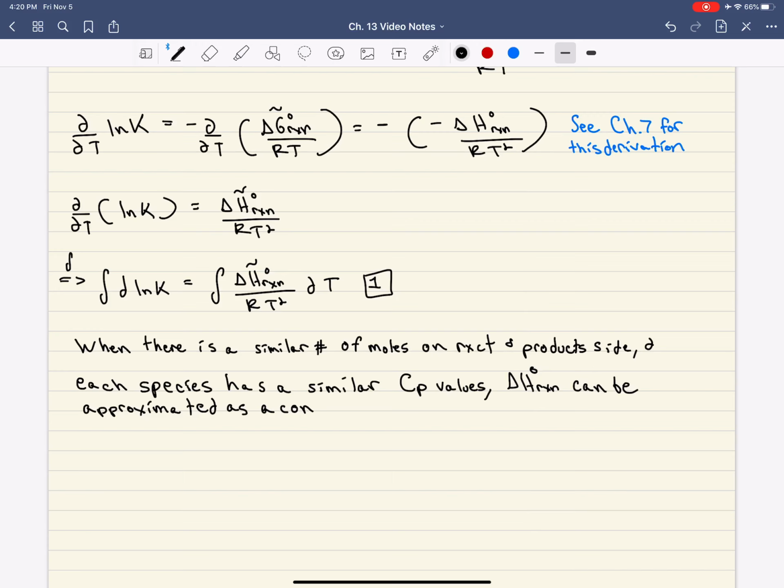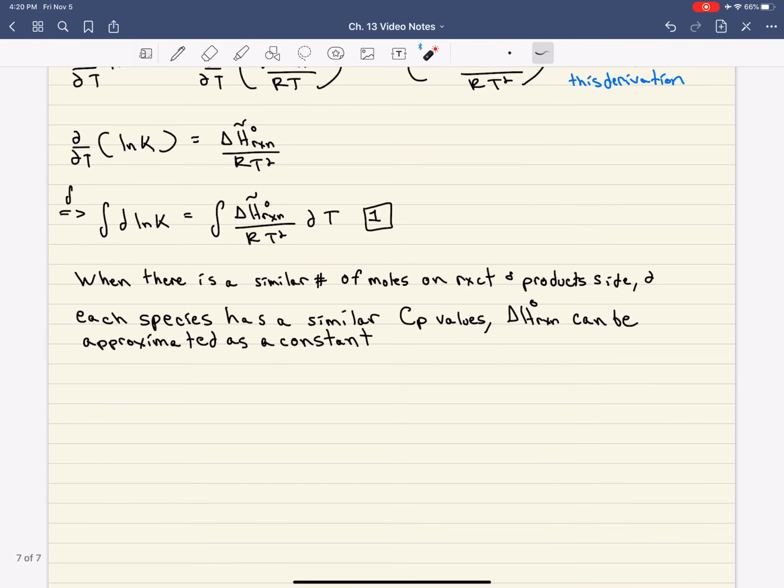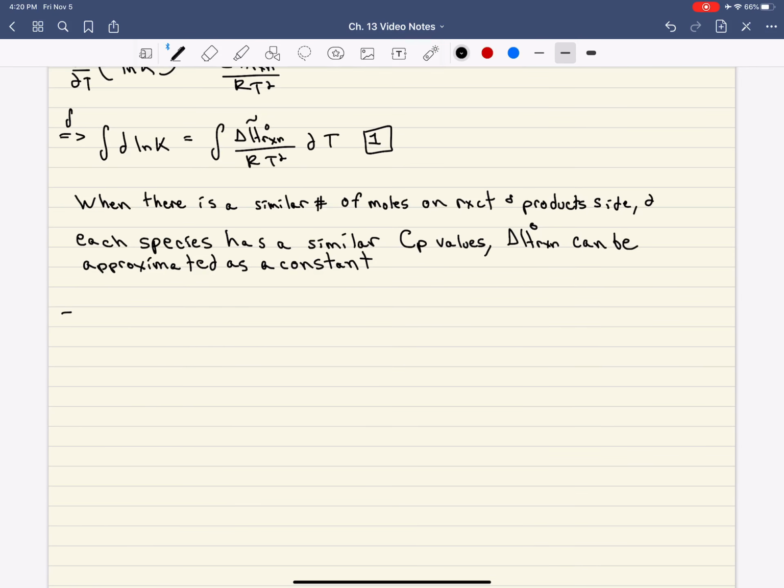Okay? And so, once again, delta H reaction is generally not a constant. But if you run into the situation where all these things are true, then you can treat it as a constant.